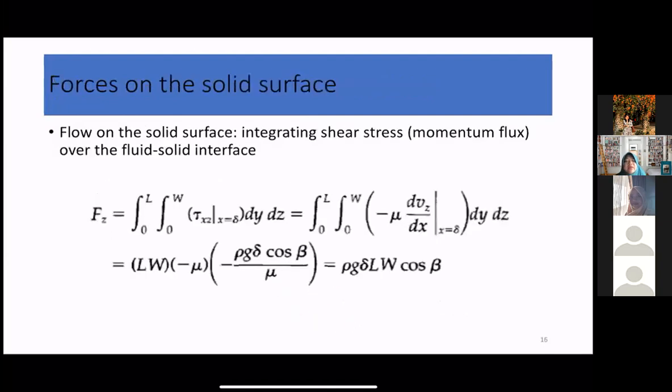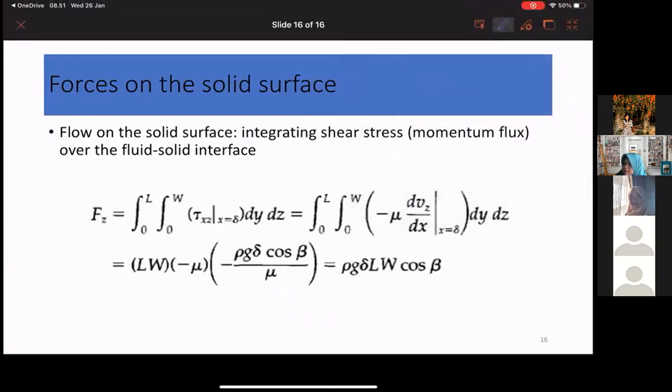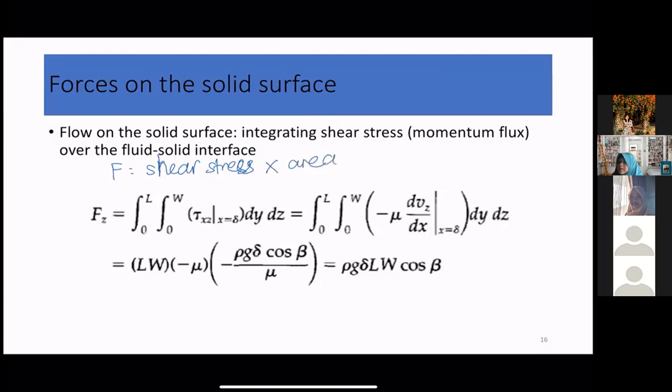And then the last one is the force on the solid surface. So the force on the solid surface is defined as the shear stress multiplied with the area. So we integrate the shear stress over the area, with differentials in y and also in z.